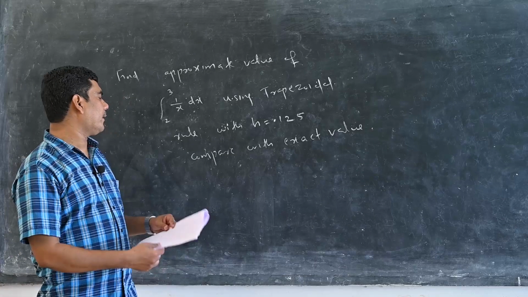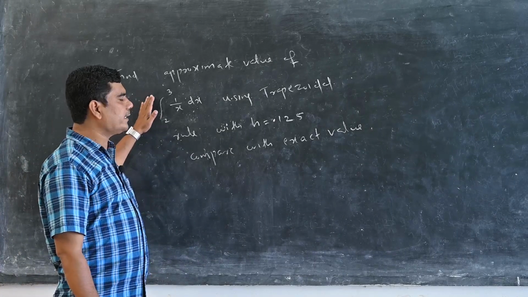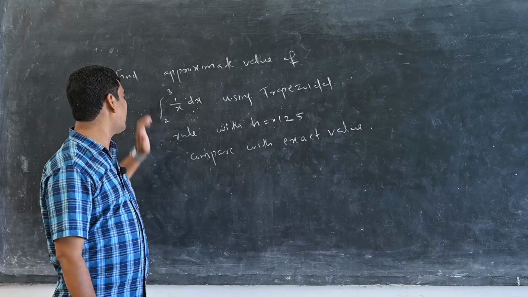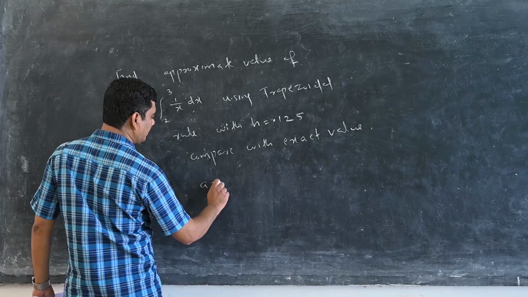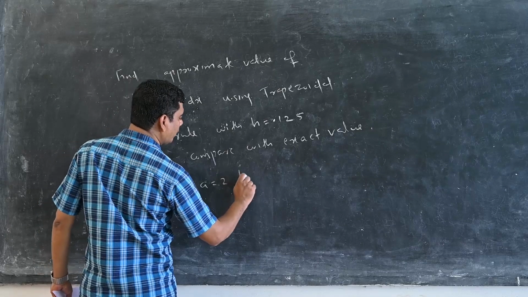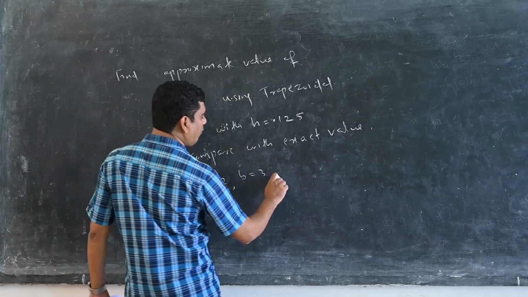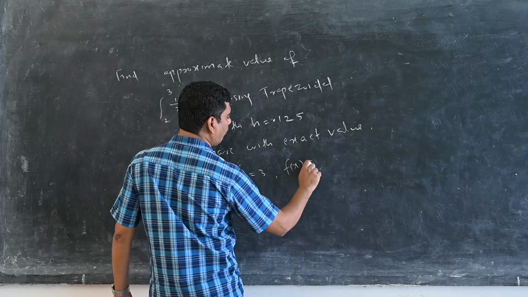Here integral a to b f of x dx is equal to integral 2 to 3 1 by x dx. So a is equal to 2, b is equal to 3, f of x is equal to 1 by x.